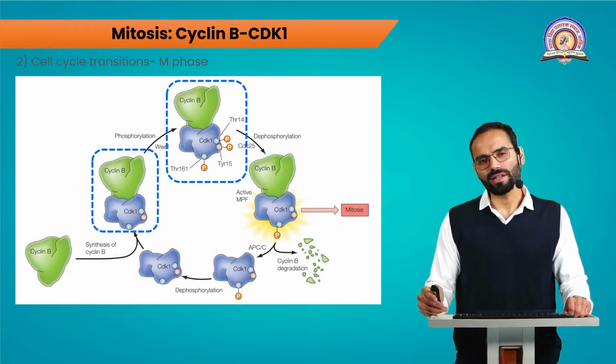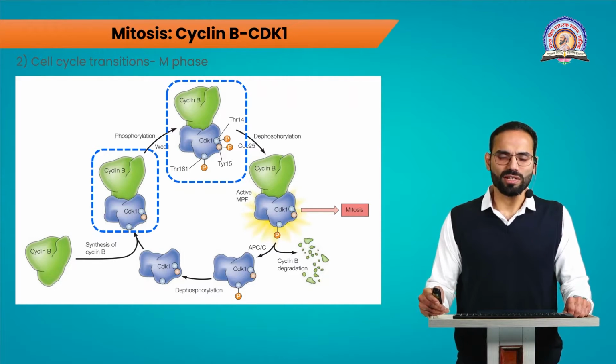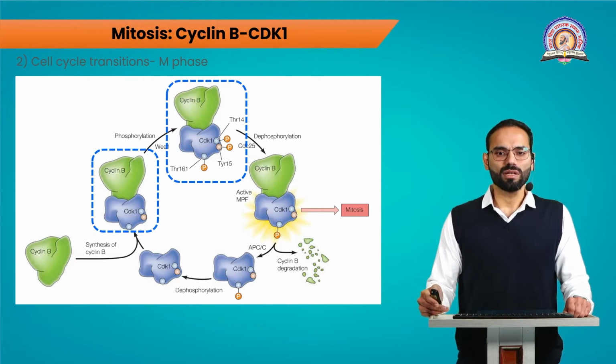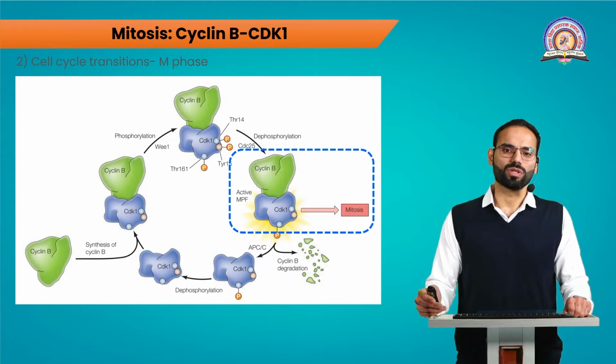But as the cell enters mitosis, there is activation which takes place by a dephosphorylation mechanism. One important protein which catalyzes this dephosphorylation is CDC25 phosphatase. This CDC25 phosphatase removes the inhibitory phosphate molecules at threonine 14 and tyrosine 15, and results in the activation of this mitotic cyclin B and CDK1 protein.